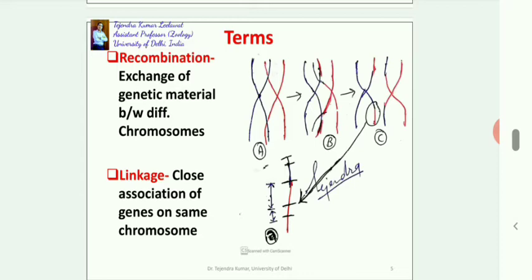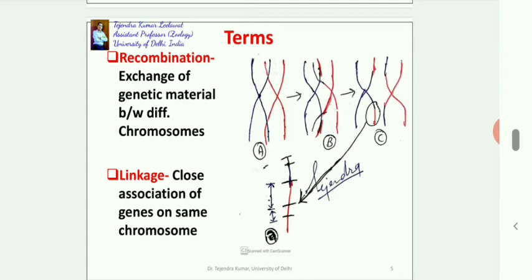I have pictured it here. You can see in diagram A there are two chromosomes which come closer and exchange their genes in B and C. After diakinesis, you find that both parts get separated with different genes, and they have exchanged some genetic material or some segment, which I marked here with the black circle and red and blue color.